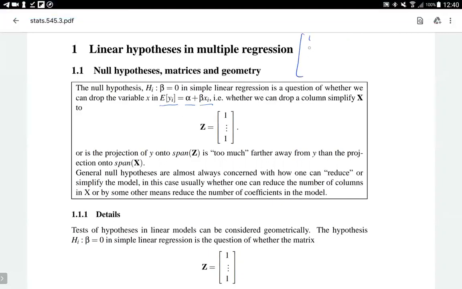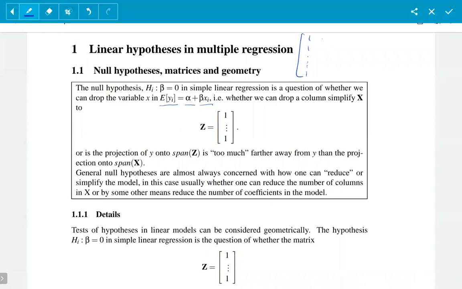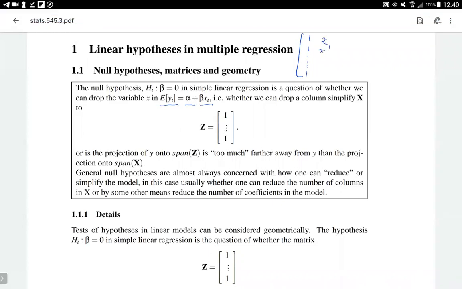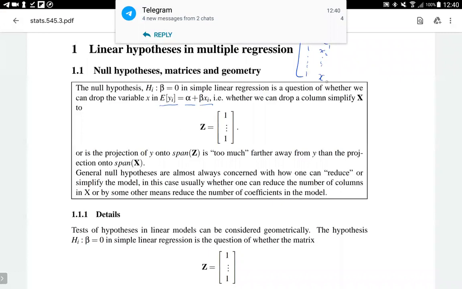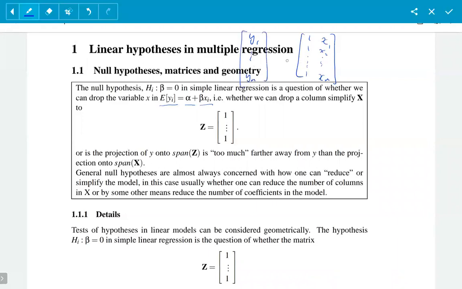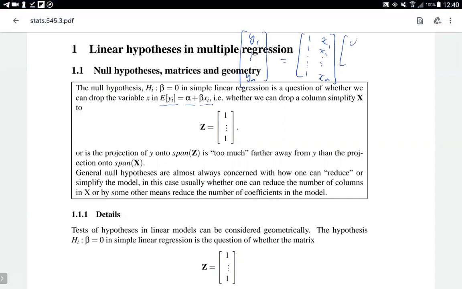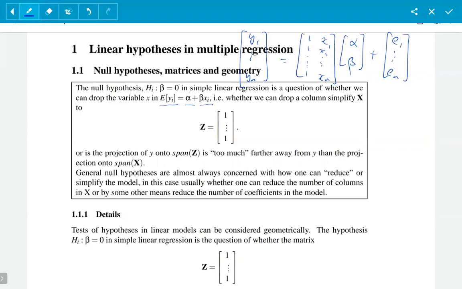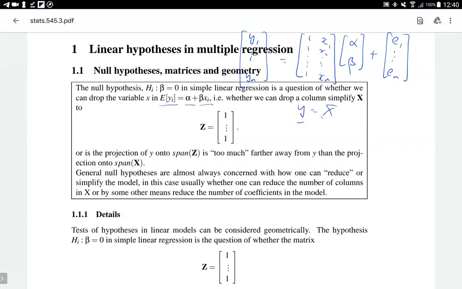So we set up the X matrix consisting of all ones, and then the x's, x1 to xn, and set up y also in matrix form, y1 to yn, and then we say these y's are equal to these times an alpha and a beta plus some residual e1 to en. In other words, in matrix format, we're writing y is X beta plus an e.